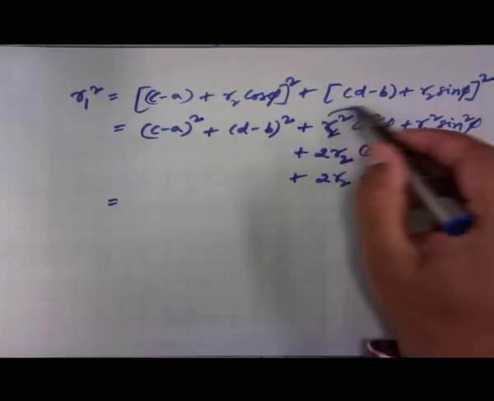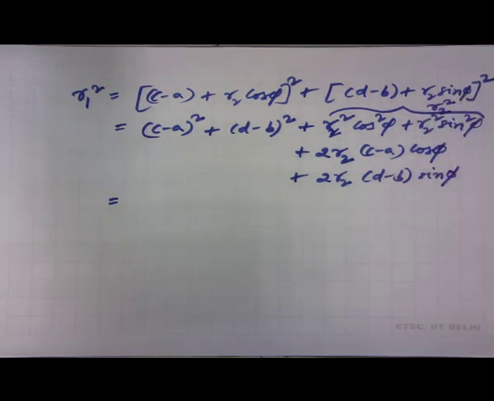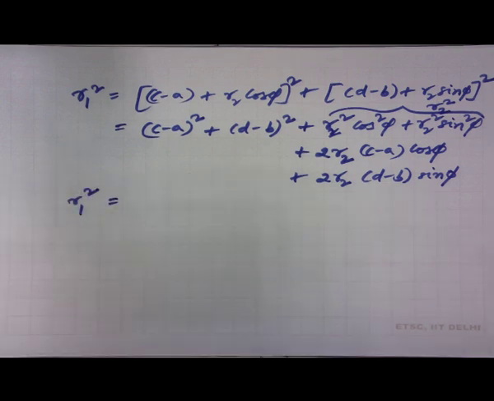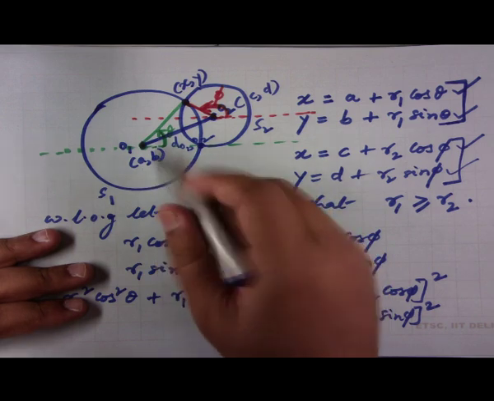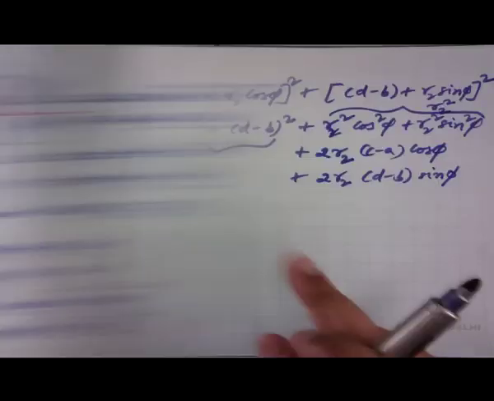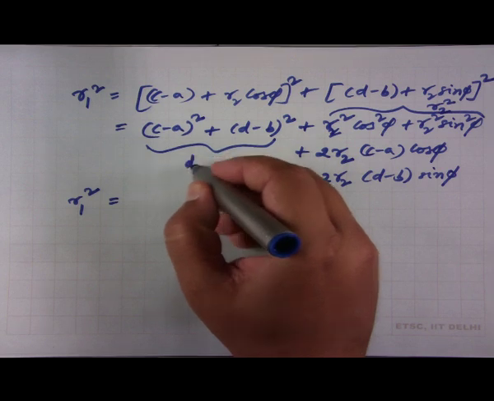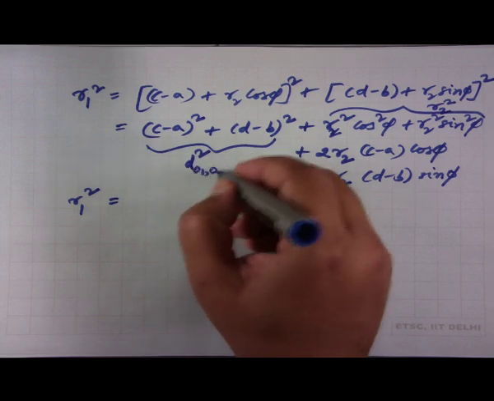Now, r2 square cos square phi plus r2 square sin square phi is nothing but r2 square, because cos square phi plus sin square phi is 1. And c minus a whole square plus d minus b whole square is nothing but the squared distance between the two centers.